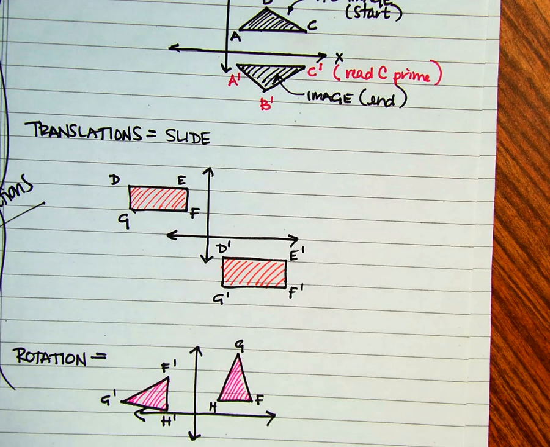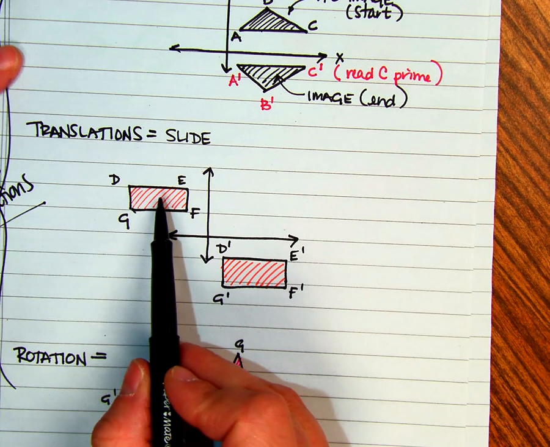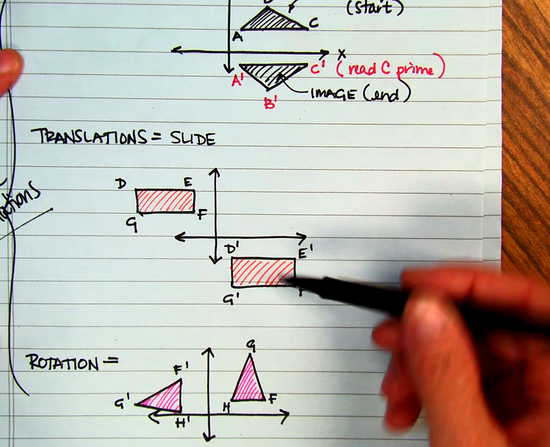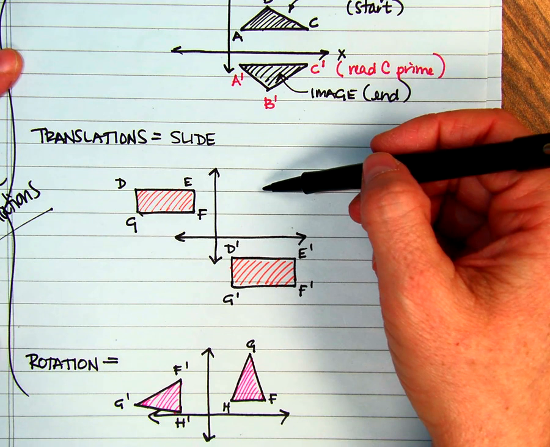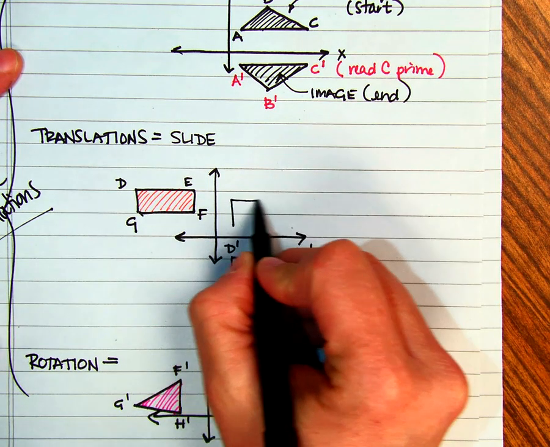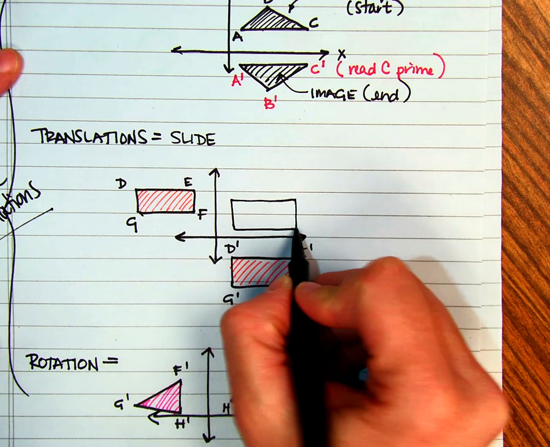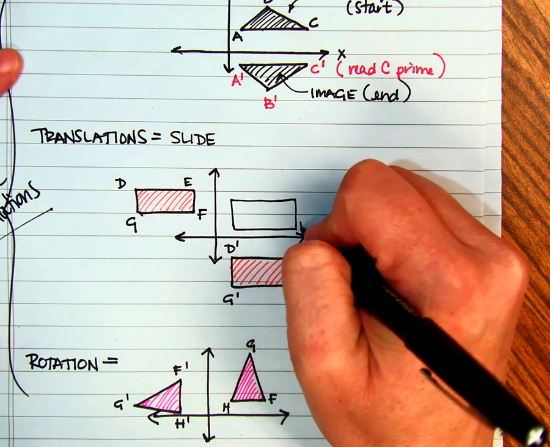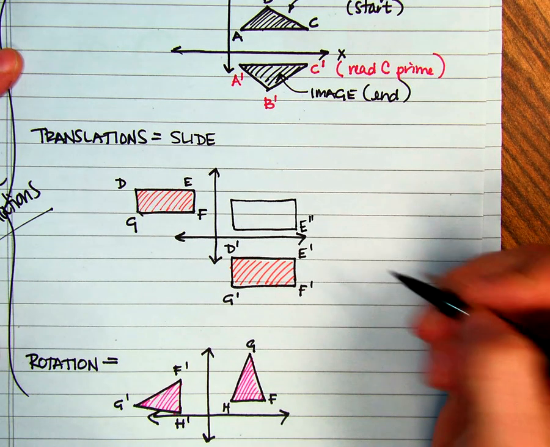Now, let's say, for example, that I am going to translate this figure, which we did, and then I'm going to reflect it back over here. Then let's say that I reflected this, then this piece would be E prime prime.